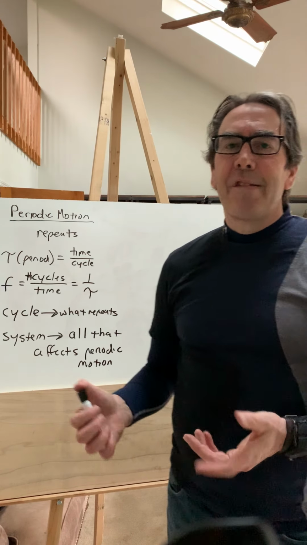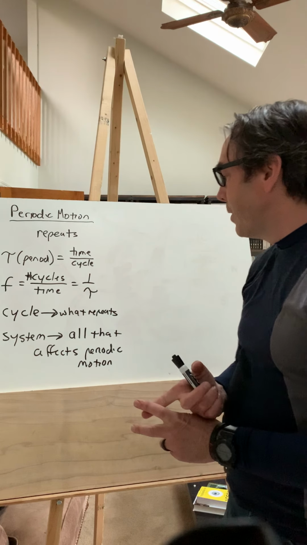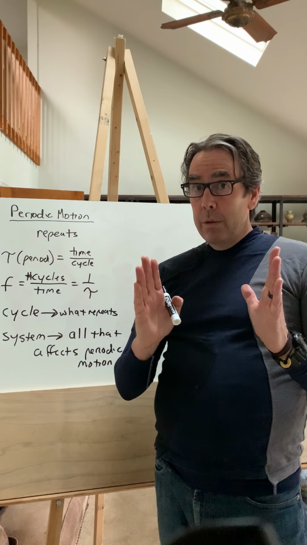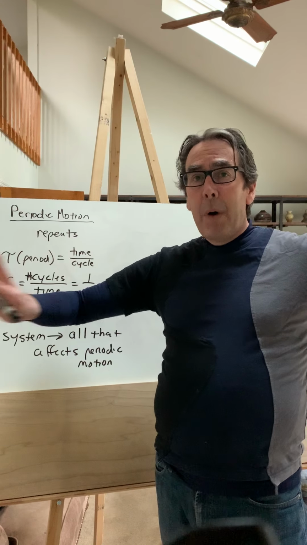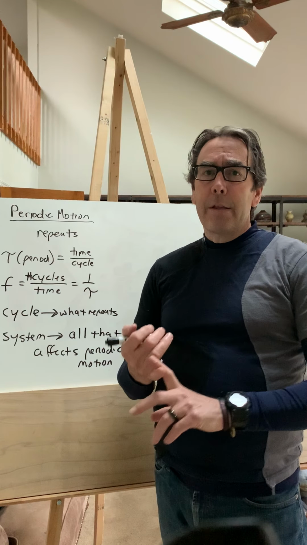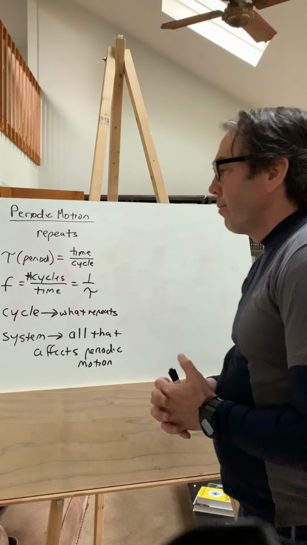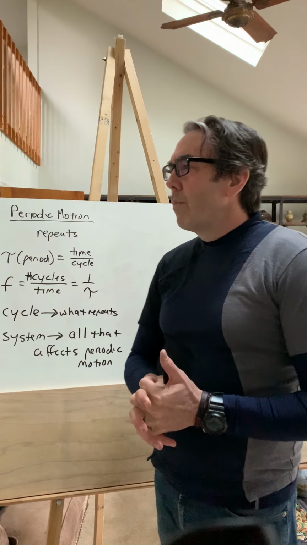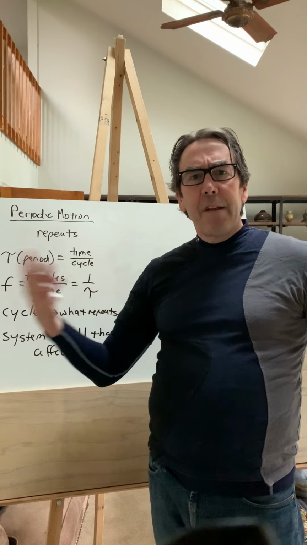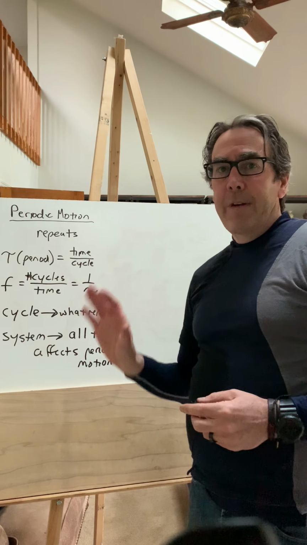And ultimately the system is the universe, but for practical purposes when we're doing experiments, you want to take account of everything that affects the motion, and you don't want to have to bother with stuff that doesn't affect the motion. So we're not going to worry about the political system or changes in the sense of sovereignty in the EU or something like that. It doesn't affect the periodic motion here. But we do have to figure out what does affect it.